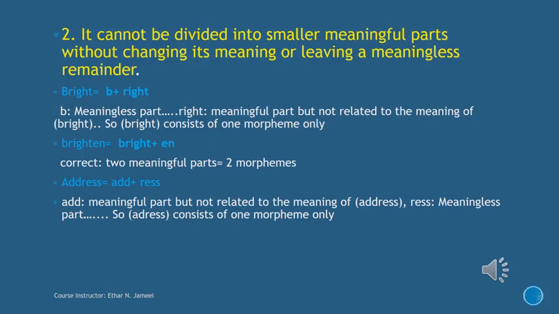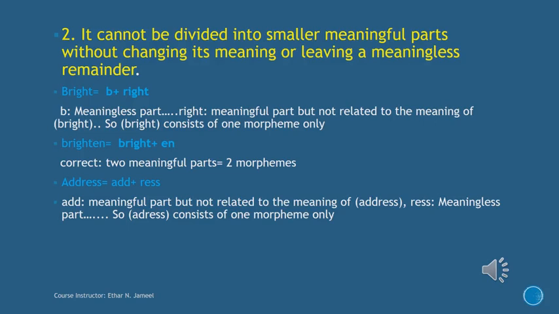Let's take another word, brighten. Brighten consists of two morphemes, bright and en. If we divide the word brighten into bright and en, you will notice that bright is a meaningful part. En is also a meaningful part.